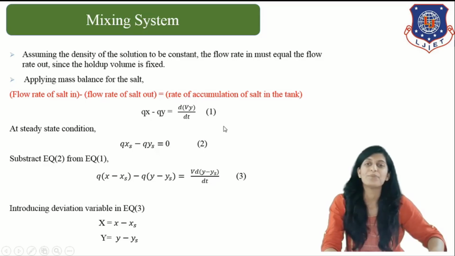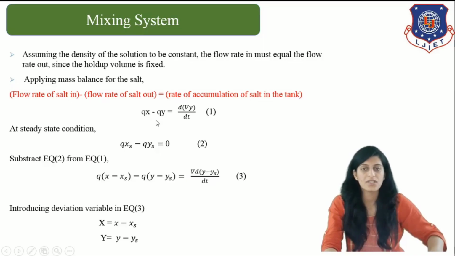Now our next step is to apply the steady state balance, right. Applying steady state conditions, as we know, anything which is changing will turn to be 0 at steady state. So the d by dt term will be 0.